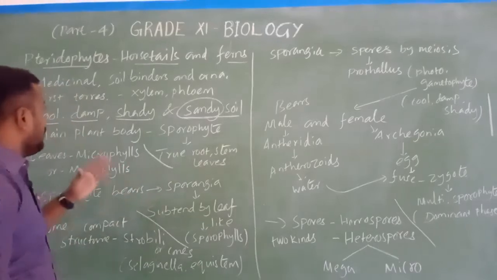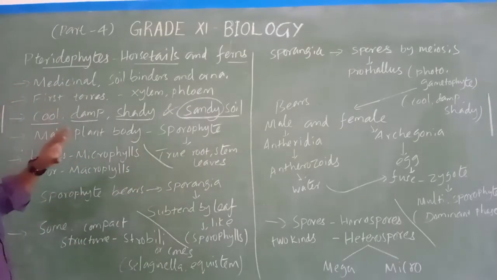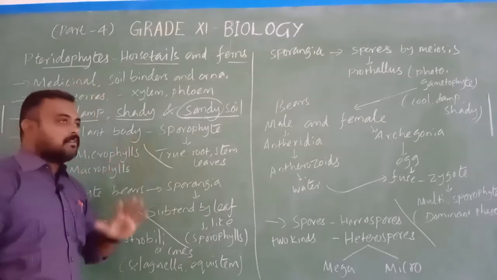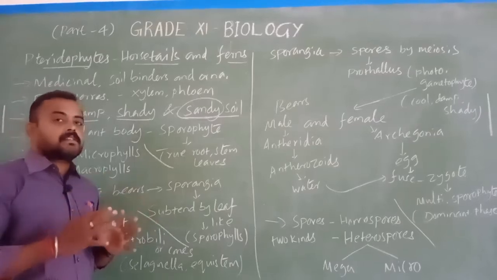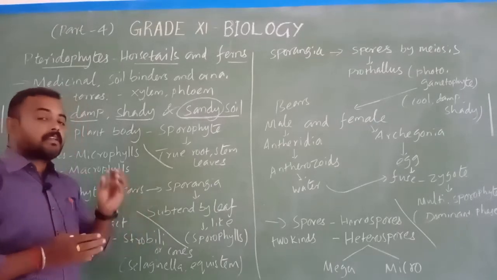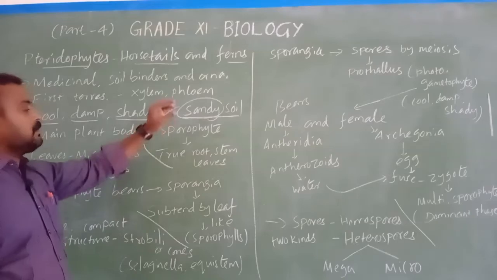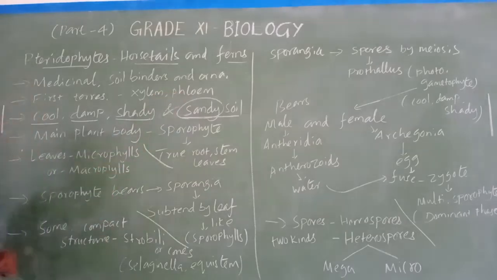In that area they live, and in the shady area they can live easily, because in cool conditions only they can live, but some pteridophytes can live in sandy soil.